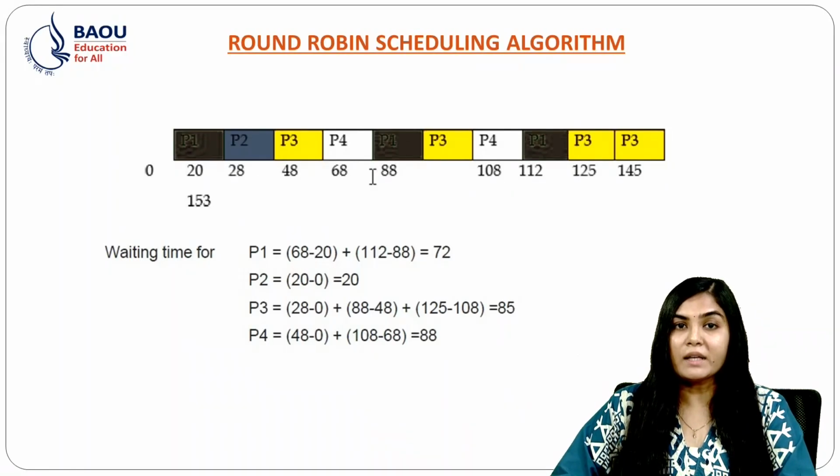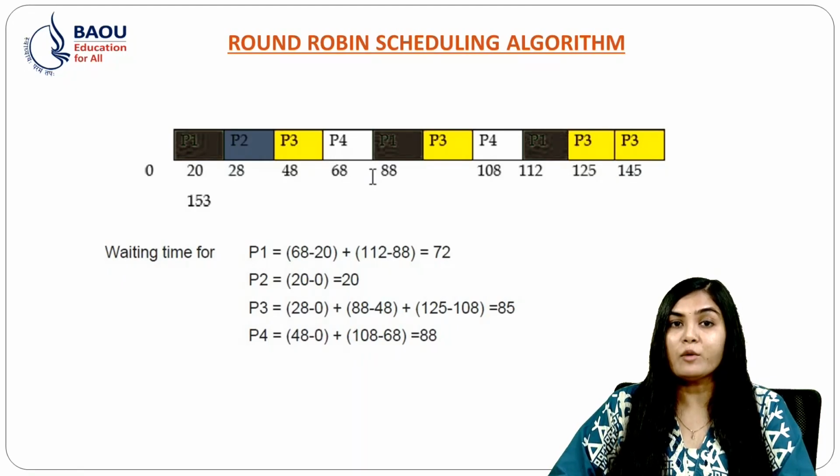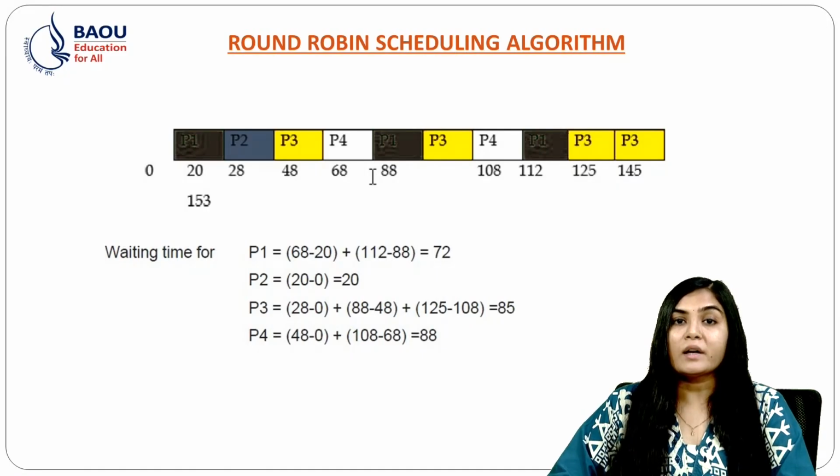This example demonstrates how the round-robin scheduling algorithm works with 4 processes P1, P2, P3 and P4, each arriving at time 0 and with a time quantum of 20 milliseconds.